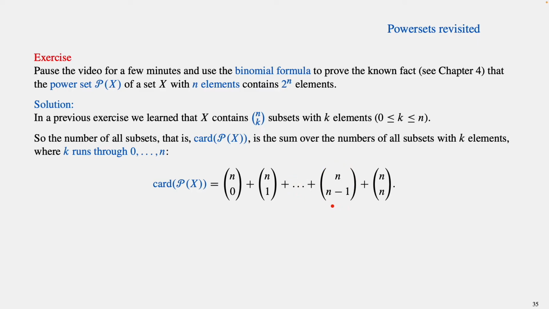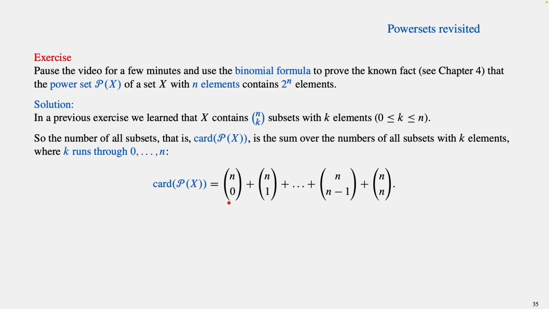Finally, we have the number of subsets with n minus 1 elements and the number of subsets with n elements, which is just the set X itself. So again, this is 1. And summing all of these up gives you the number of all subsets of X.